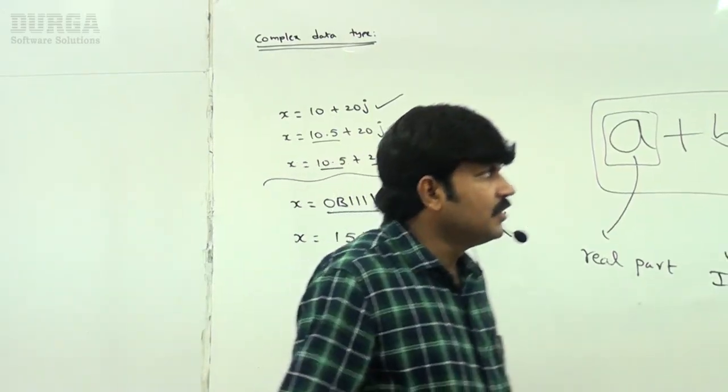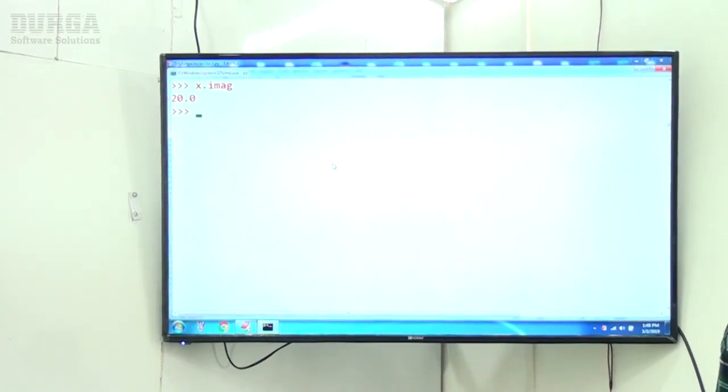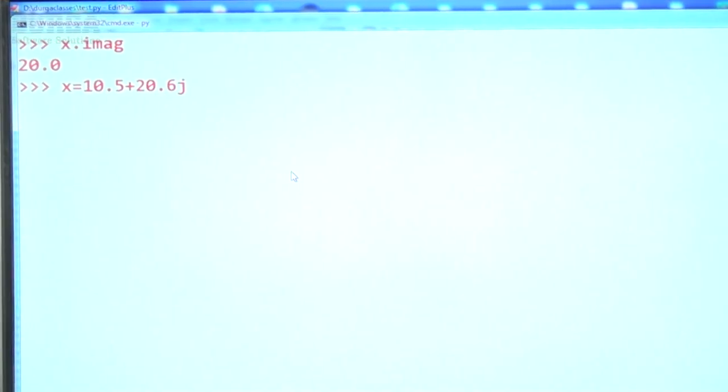Have a look once, sir. My requirement is, now observe this, x is equal to 10.5 plus 20.6j. So both real and imaginary parts can be either float values or int values, no problem at all, acceptable, sir.